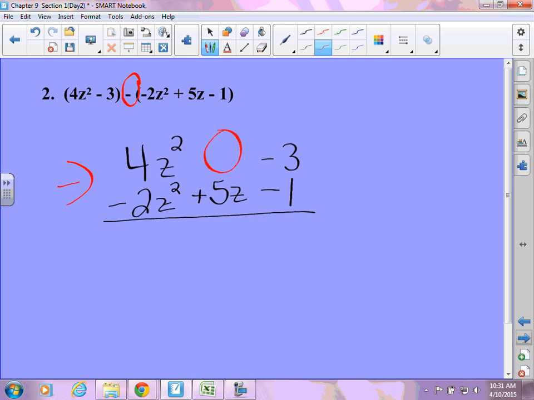I've got 4z squared minus a negative 2z squared. 6z squared. Nothing minus 5z makes it negative 5z. And negative 3 minus a negative 1 gives me negative 2. And that's my answer.